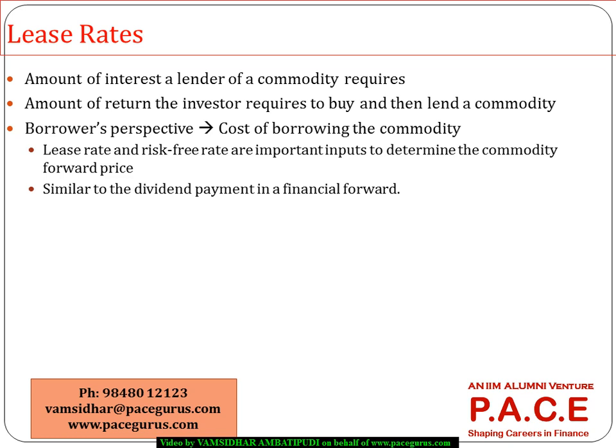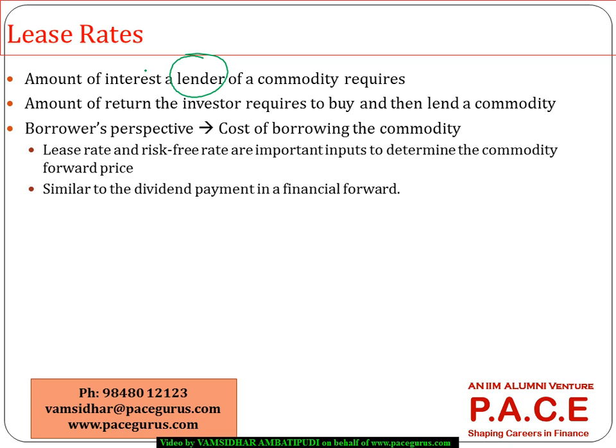Means someone who is lending the commodity, what is the interest rate he is expecting. So let's say I'm holding gold. Instead of selling the gold, I'm renting the gold to someone else, so I'm expecting a rental out of it.